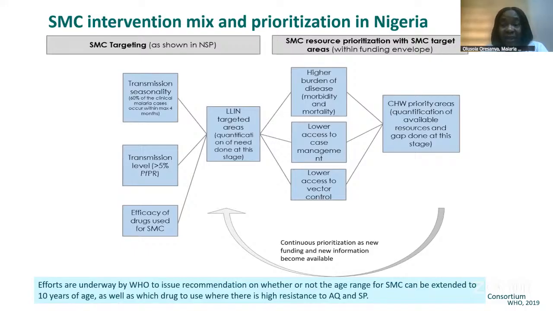And in Nigeria, ITNs are the major vector control intervention that Nigeria deploys. So where ITNs are deployed, and that area is also eligible for SMC, the two interventions are layered on. And then that then leads to a higher burden of disease.